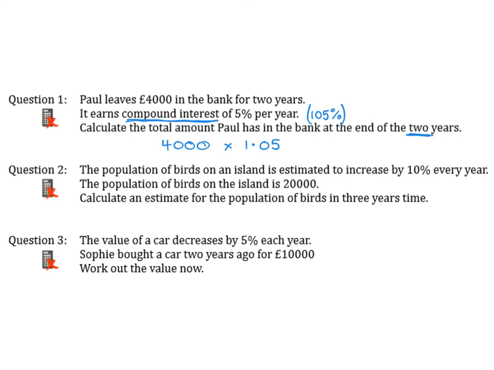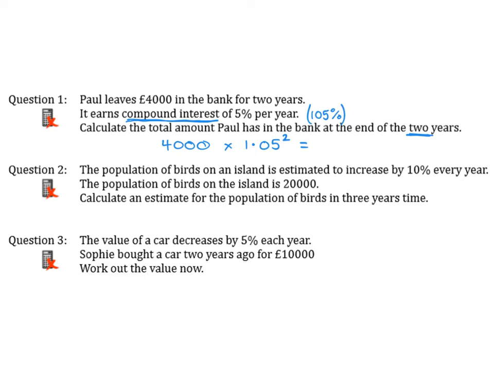Now that means we need to do this, but an easier way of doing that is to square it. And if you get used to doing that, you save yourself a bit of time. Now, I will let you type that into your calculator and work out the answer. When you've finished all of these questions, not just these 3, take a picture of that and send it to me as well. Okay, the next one.